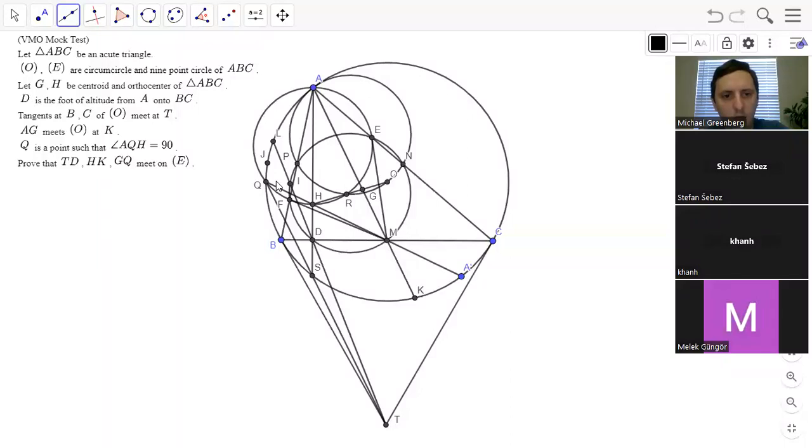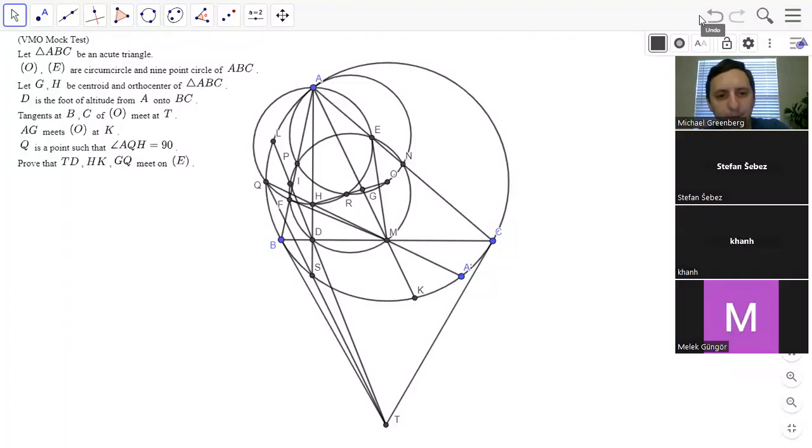And I think inversion is the best way to go here, because if we invert at H with radius HD times HA, and we do a negative inversion, that just means that we flip everything again by H. Then A goes to A, and D swaps, F and C swap, B and D swap. So triangle ABC swaps to DEF.